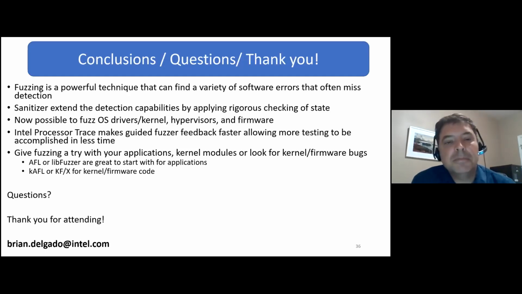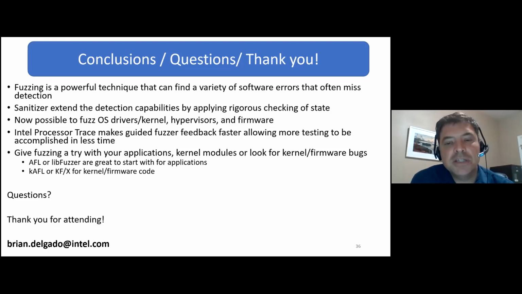So it's a very powerful technique, and it's something that we can also supplement with the sanitizers. We can turn on those sanitizers and detect all sorts of improper behaviors at runtime. It's now a technique that we can use to do ring zero fuzzing for kernels, hypervisors, and firmware.